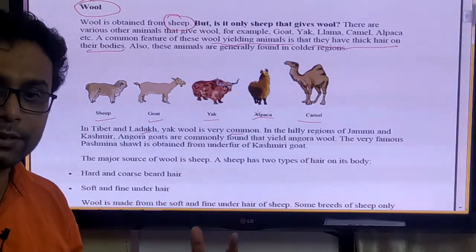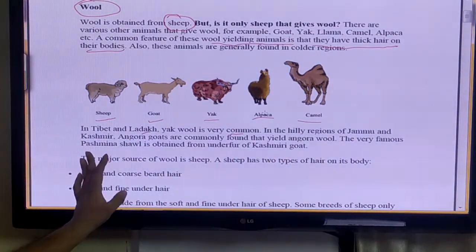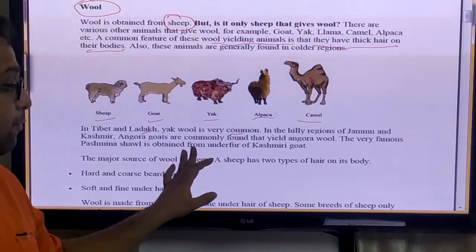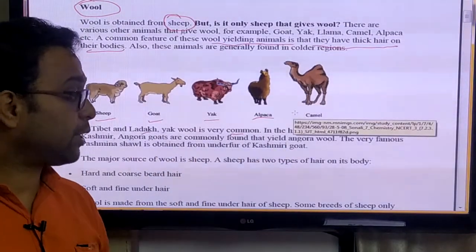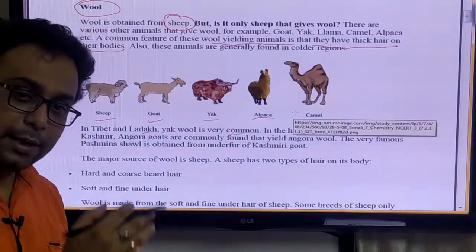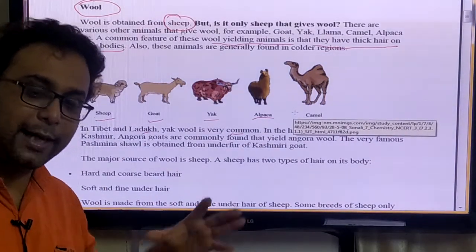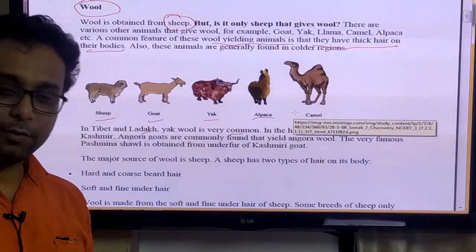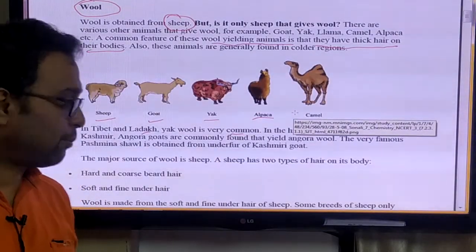This is a very famous type of wool, and they are very famous for the Pashmina shawl. It is obtained from the underfur of the Kashmiri goat. This Kashmiri goat has different layers, but from the under surface we get this type of wool, right? So this is the most important.